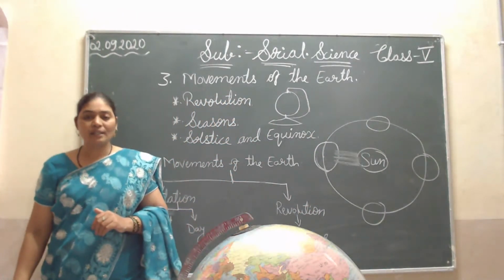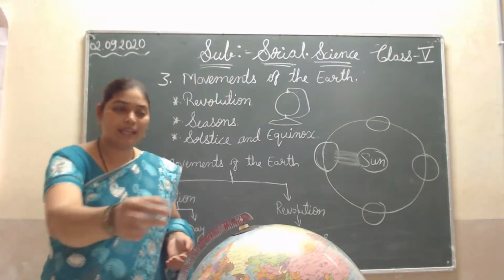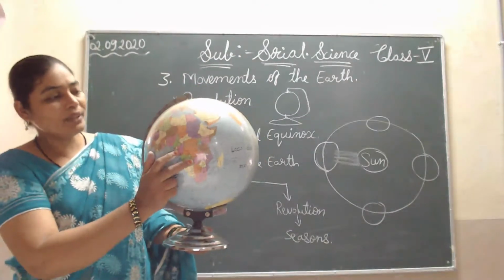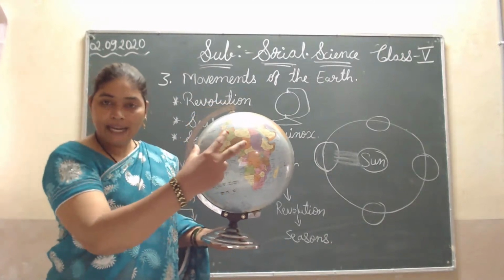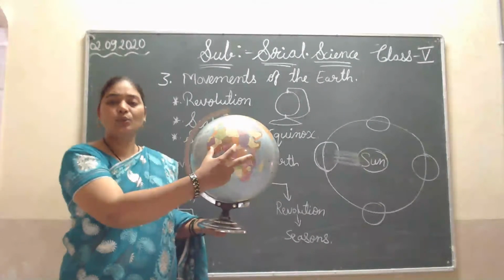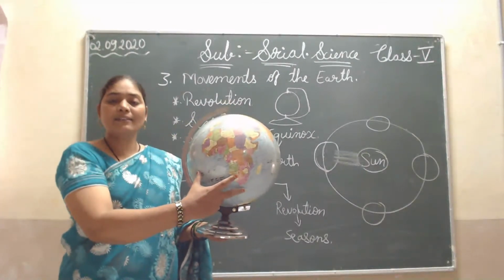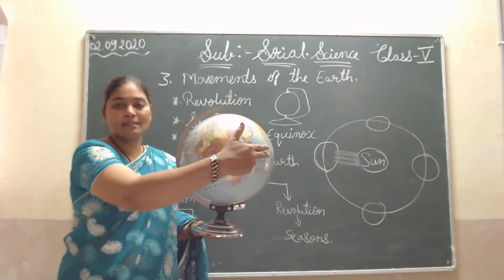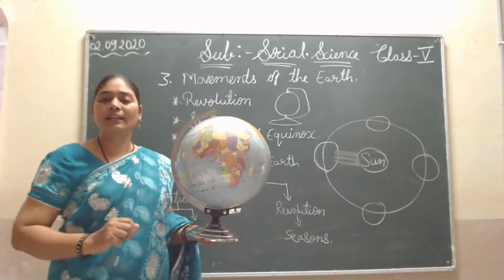Now you understood. Here is the best example. The middle part faces the sun directly, so it gets very hot. This middle part receives the summer season. This side and this side, the slanting sides, receive the winter season.